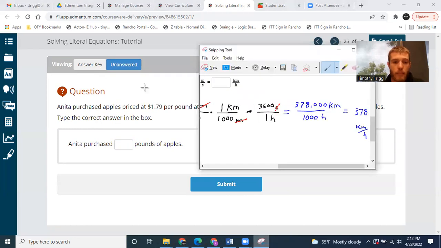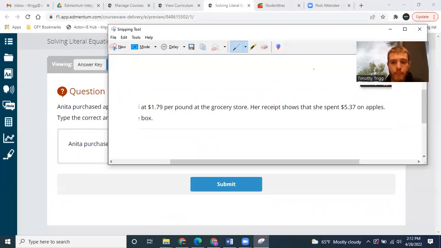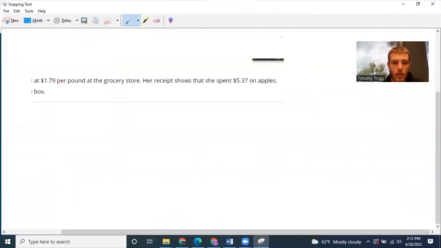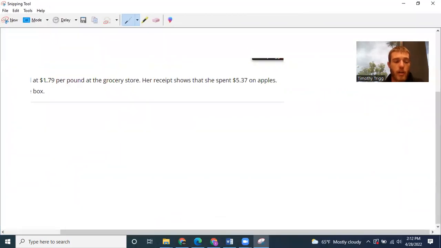What we want to do here is notice that it's $1.79 per pound. So it's $1.79 times the number of pounds. We're just going to put X for the number of pounds. And that'll give you your cost, which in our case was $5.37.